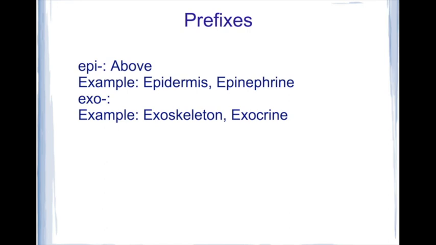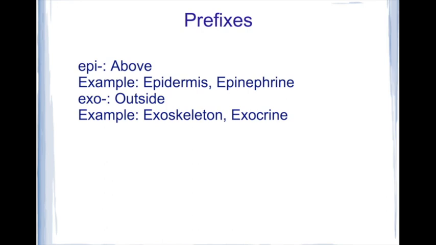So endocrine glands secrete into or within the bloodstream. Exocrine glands secrete outside of a structure or onto a surface, right? Think about exoskeleton. Insects like cockroaches have their skeleton on the outside. So it makes them extra crunchy because you can actually hear their skeleton breaking when you maybe step on them or something. So exocrine glands secrete outside or onto a surface.